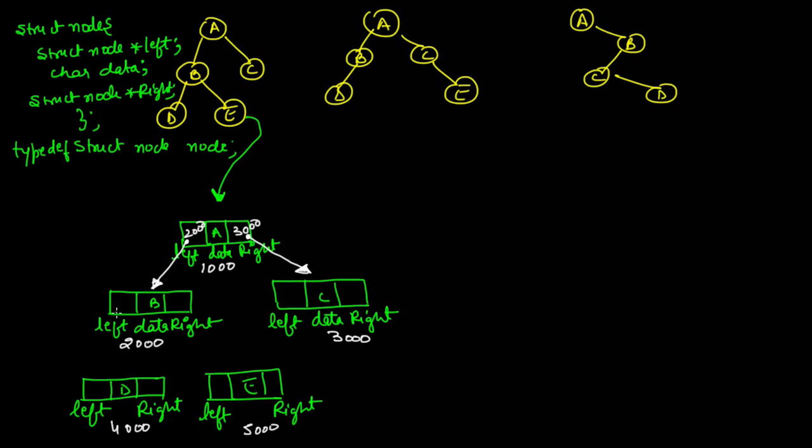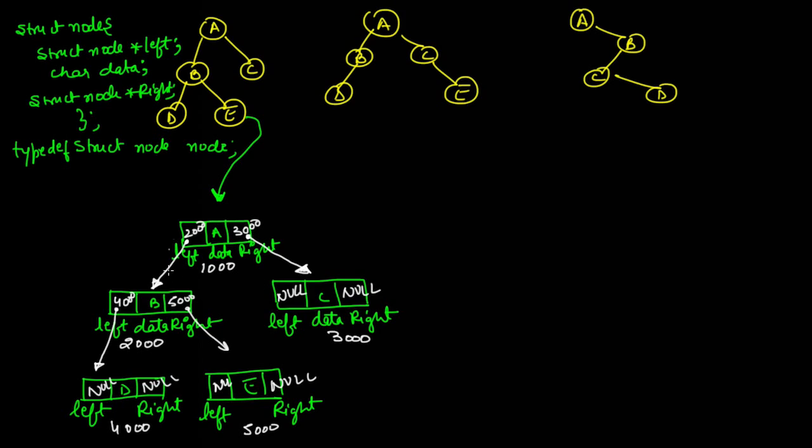This left pointer is pointing to this node, so it will be storing 4000. This right pointer is pointing to this node, therefore it will be storing 5000. And these nodes are not pointing anywhere, therefore they will be storing null here. Null, null, null, and null. Okay, this is how you can view a node of a tree.